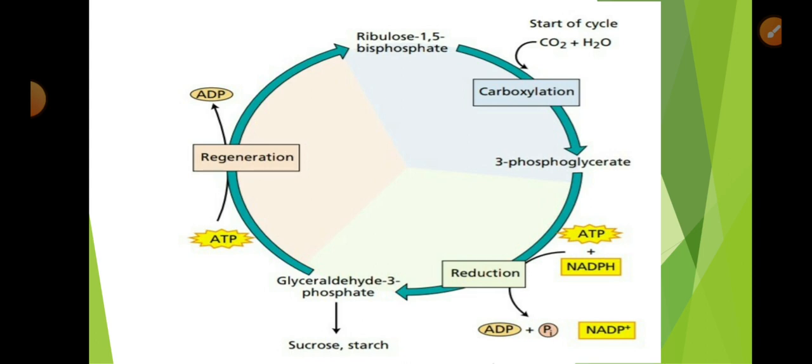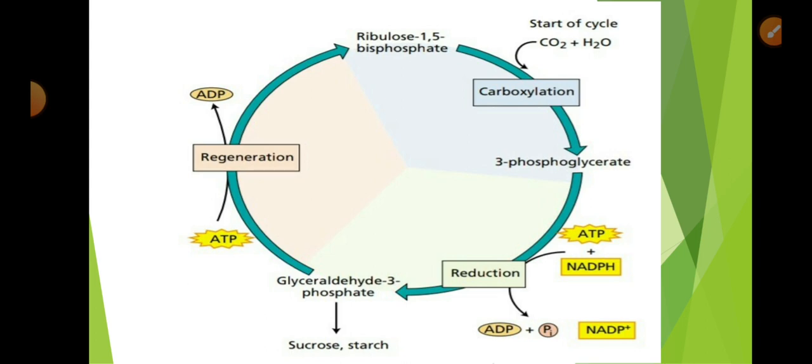Here the formation of glyceraldehyde 3-phosphate takes place. In this reaction, ATP and NADPH are required to carry out the intermediate steps to form glyceraldehyde 3-phosphate. This glyceraldehyde 3-phosphate is regenerated into ribulose 1,5-bisphosphate. Here also energy is required to carry out the intermediate steps.